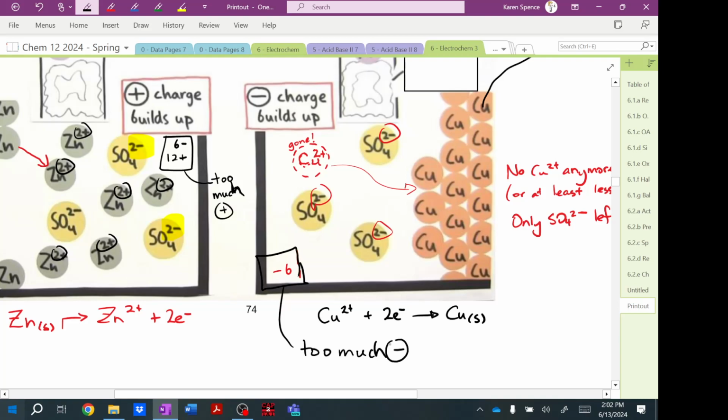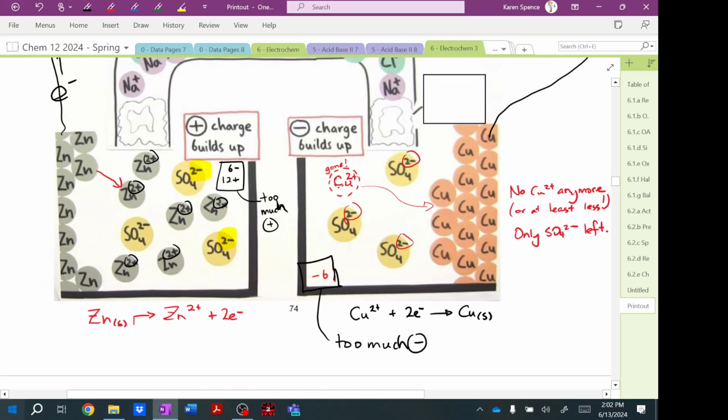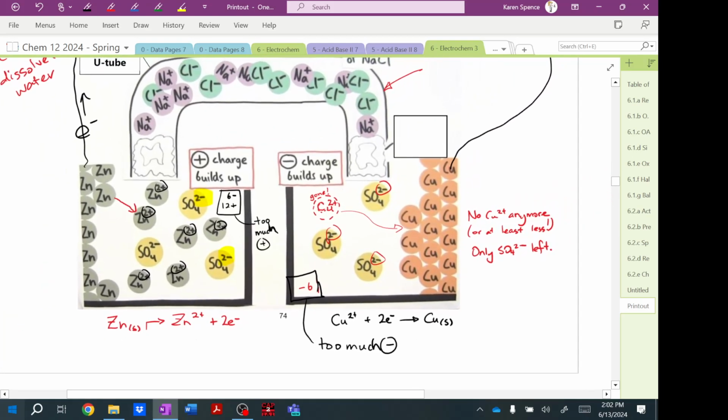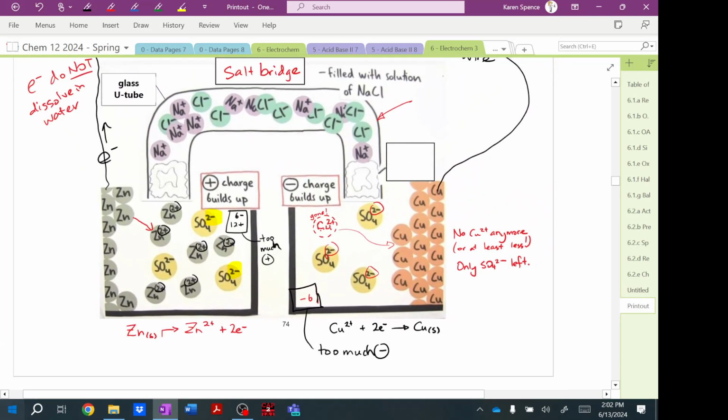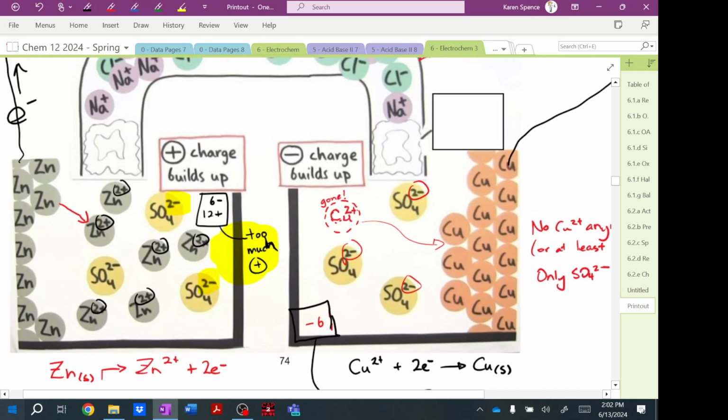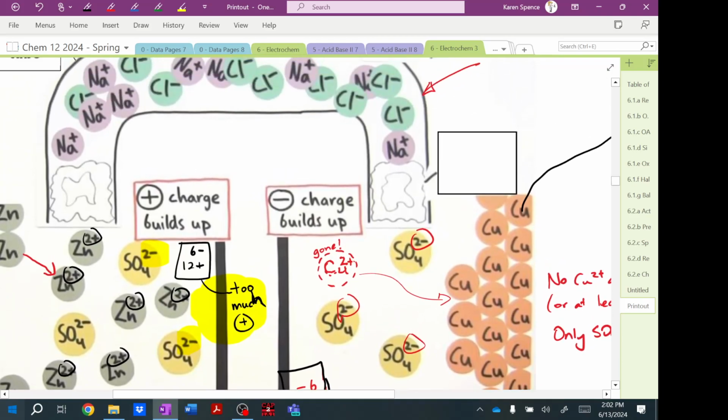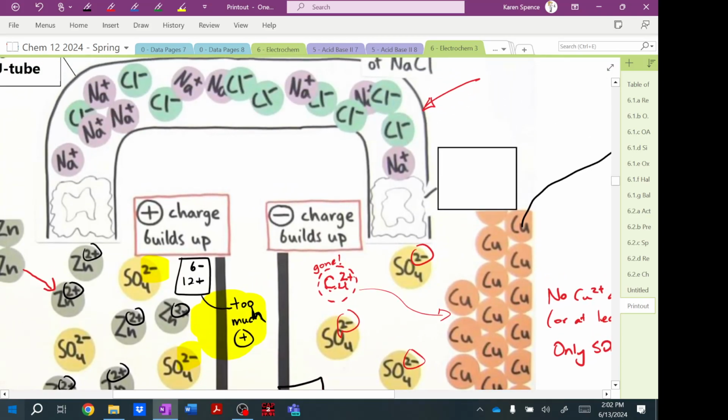How can we fix that? Can you carry the negative particles and positive particles? We can. Where could we get some extra negative particles to fix our too much positive problem over on the left? Where could we get those from? The salt bridge.